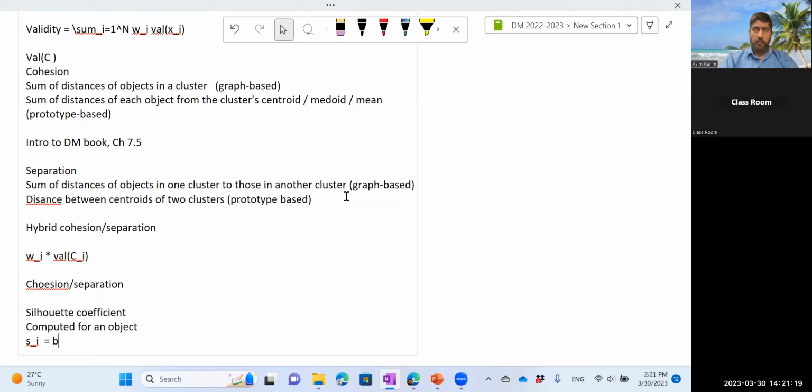let me write the formula first. So Si is Bi minus Ai divided by the max of Ai and Bi.